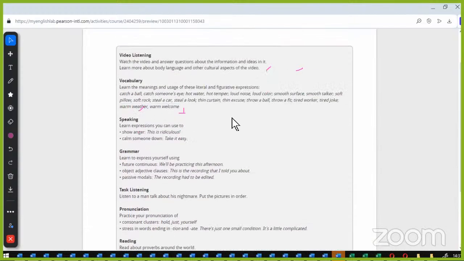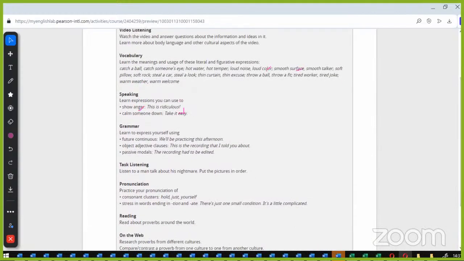Okay, so here there are some words. This is color. Loud color, not color. Color. Color. Color, yes. Then this is surface. Not surface, surface. Surface. Surface, yes.